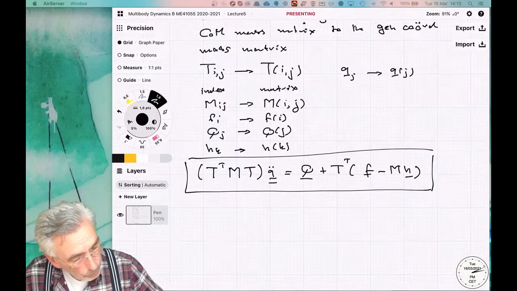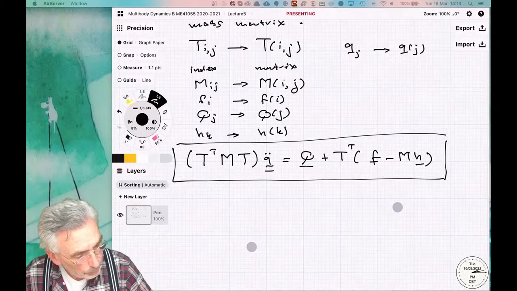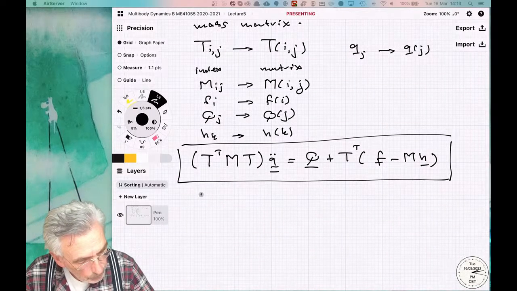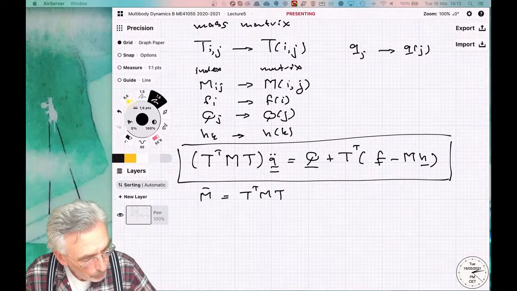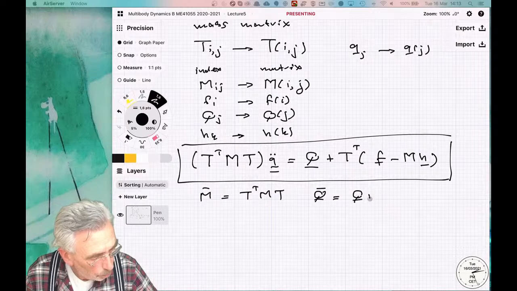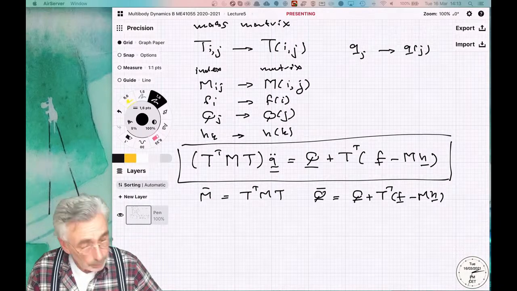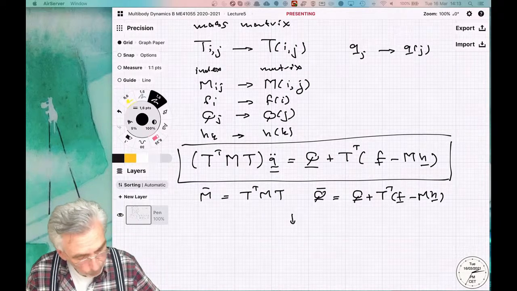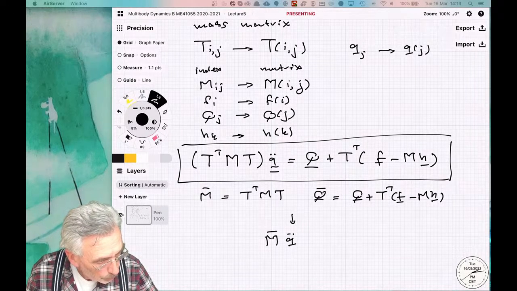Of course, you can take one more step and redefine some stuff. Let's call M bar this T transpose times M times T, and let's call Q bar this Q plus T transpose times F minus M H. If I do it like that, how can I write my equations of motion? Well, I can write M bar times q double dot equals Q bar.